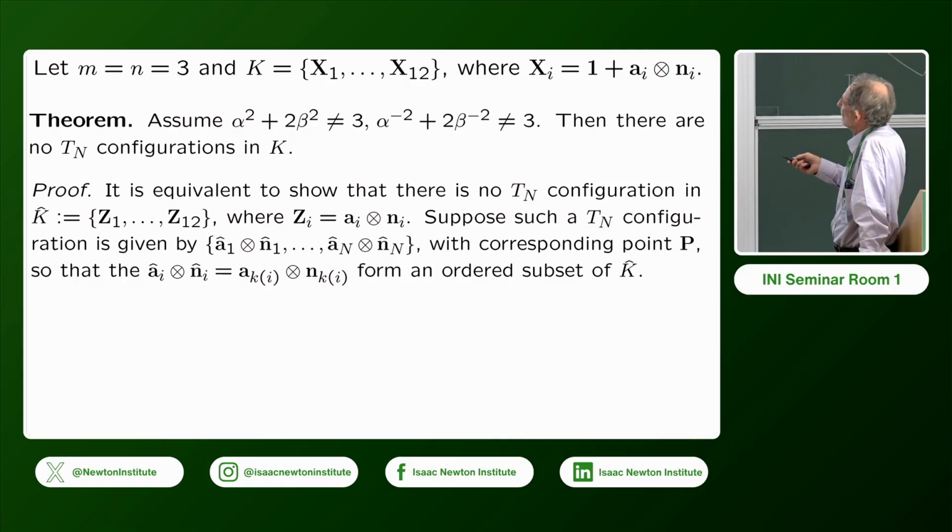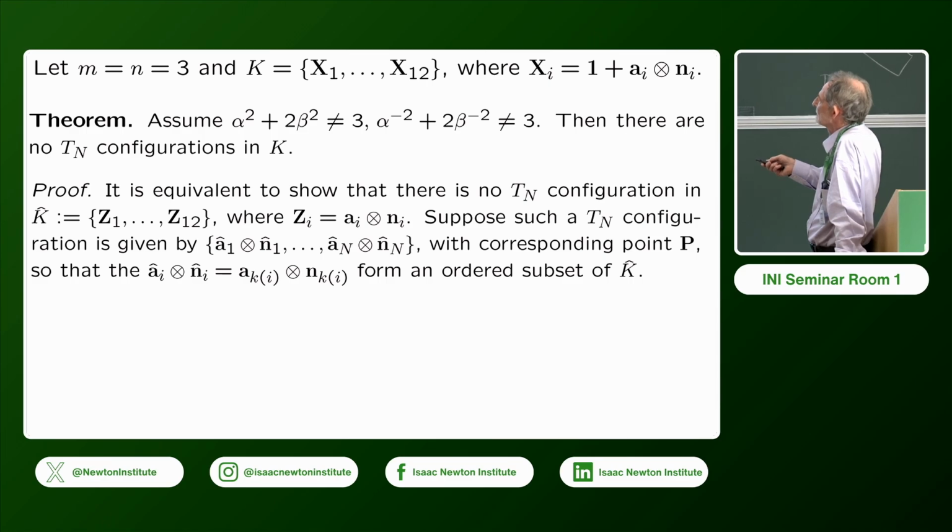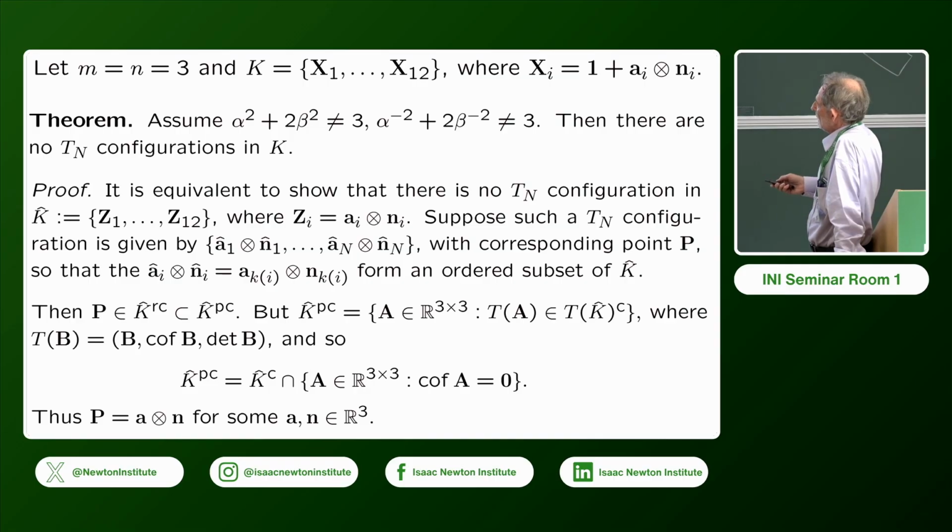Okay, so A1 hat tensor N1 hat up to An hat tensor Nn hat, and the Ai hat tensor Ni hat are some Aki tensor Nki. There's some ordered subset of K hat, right? So now, and we've got a corresponding point P.